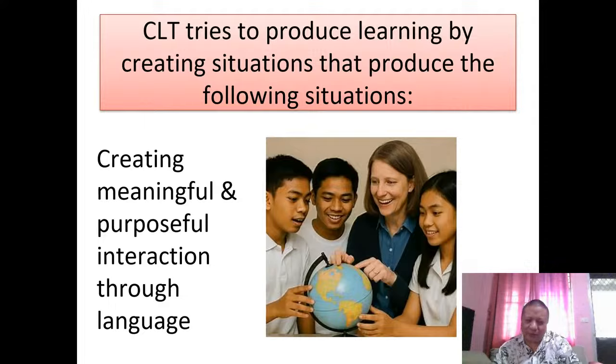You're able to derive meaning and purpose in the conversation. It's not an empty conversation like in audiolingualism. It's actually purposeful, it's actually meaningful, and there's actual interaction. There's genuine interaction through language.